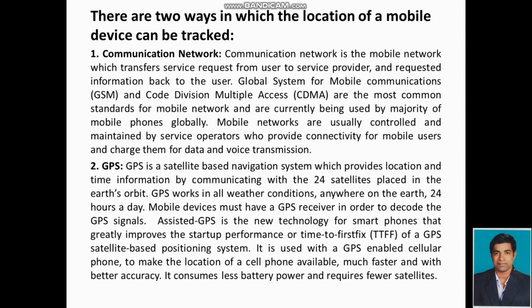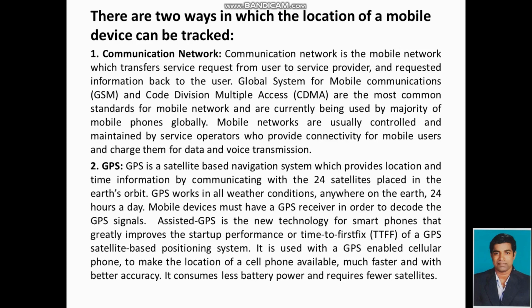The global system for mobile communications, GSM, and code division multiple access, CDMA, are the most common standards for mobile network and are currently being used by majority of mobile phones globally. Mobile networks are usually controlled and maintained by service operators who provide connectivity for mobile users and charge them for data and voice transmission.